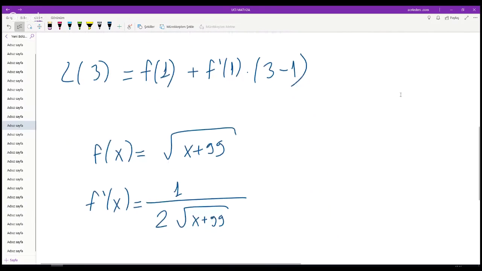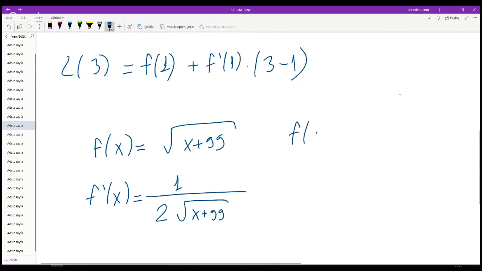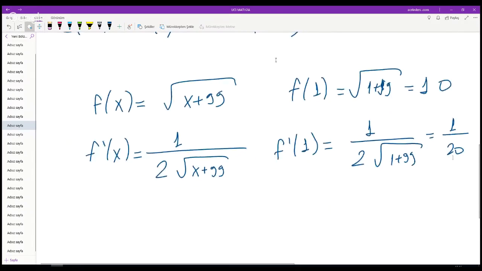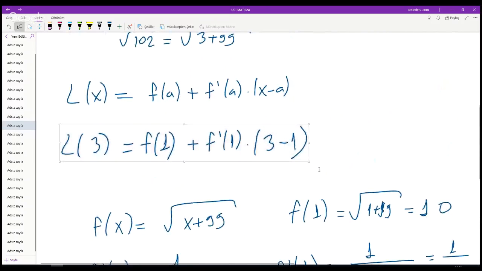By using these, I can find that f(1) equals square root of 1 plus 99, which is square root of 100, which is 10. And f prime when x is equal to 1 is 1 over 2 square root of 1 plus 99, which is 1 over 20. Okay? So therefore, I can proceed with the linearization.